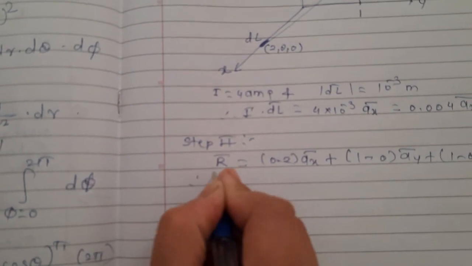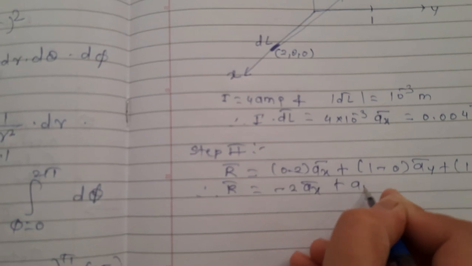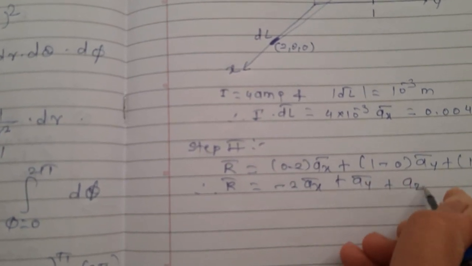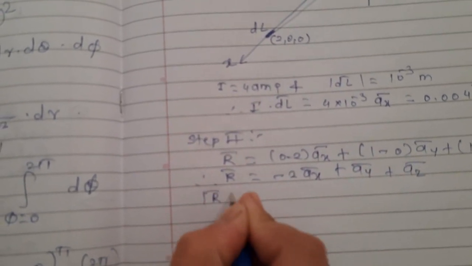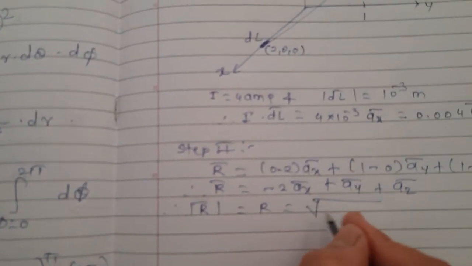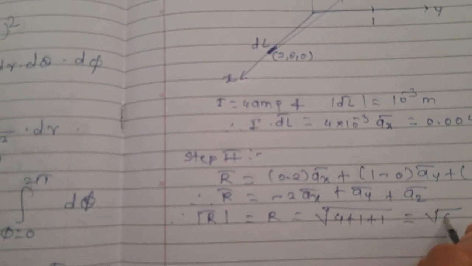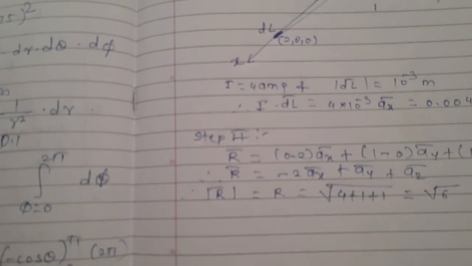So R bar is equal to minus 2 AX bar plus AY bar plus AZ bar. So its magnitude is square root of 4 plus 1 plus 1, so it is square root of 6. This is equation 2.